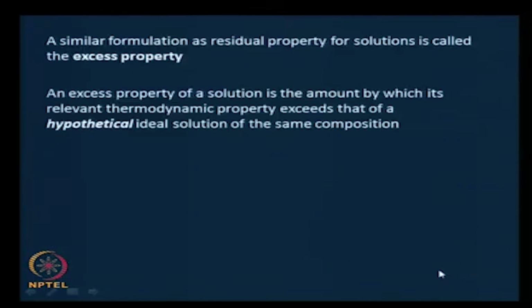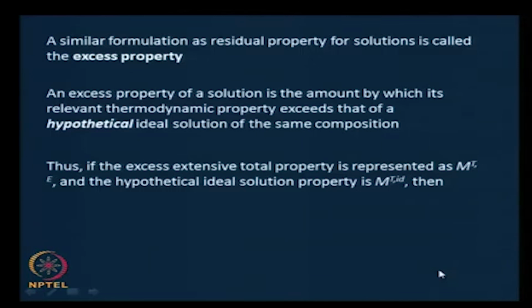Then we looked at excess properties and also looked at activity coefficients. Excess properties are nothing but the difference between the actual and the ideal properties, the same way as residual properties, where for pure substances we have excess properties for solutions.